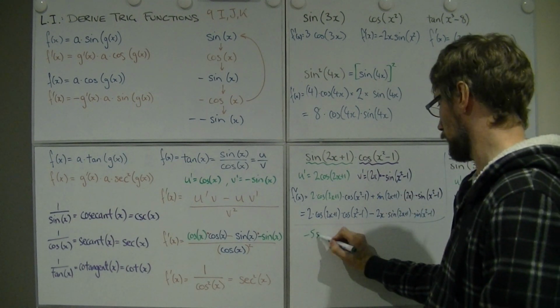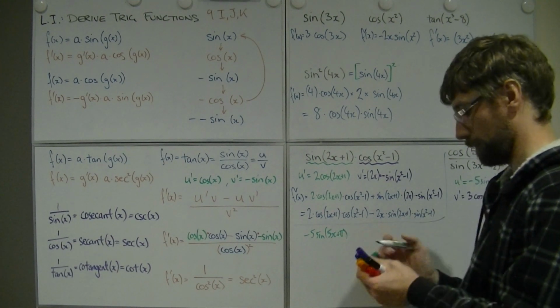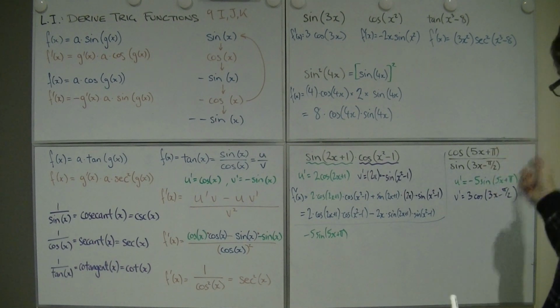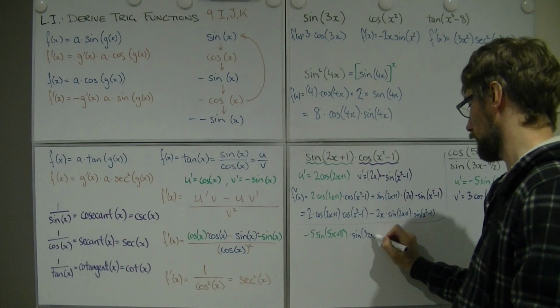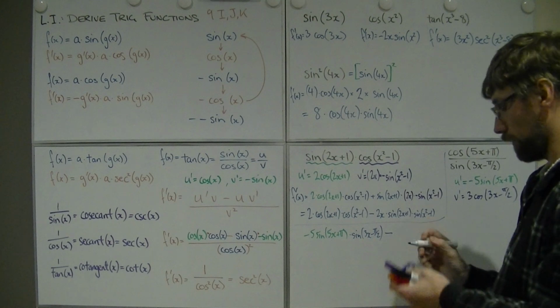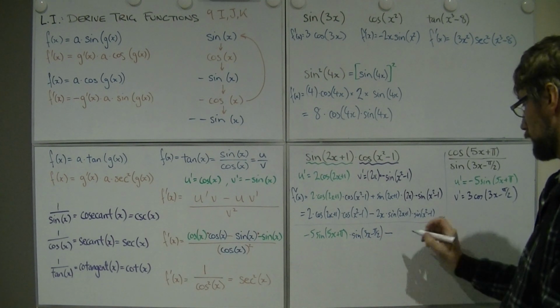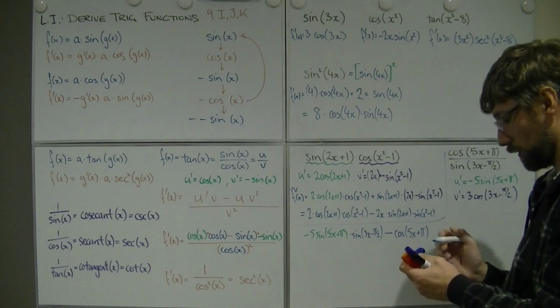Negative 5 sine 5x plus pi. U prime, we need v, which is sine 3x minus pi on 2. Minus u prime u, which is cos 5x plus pi.